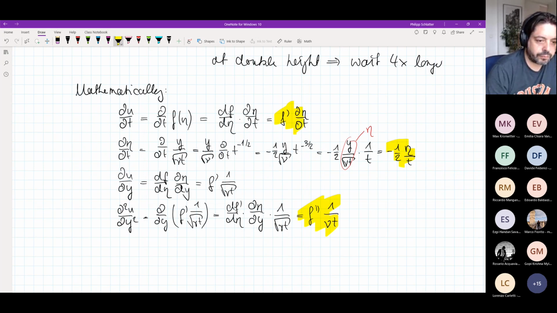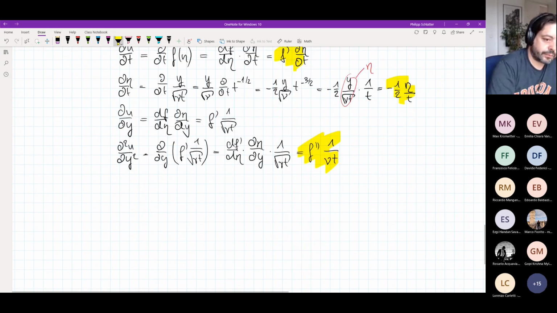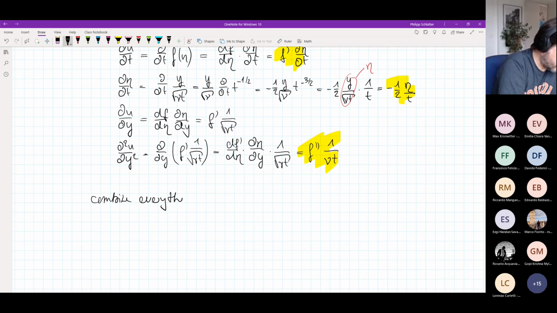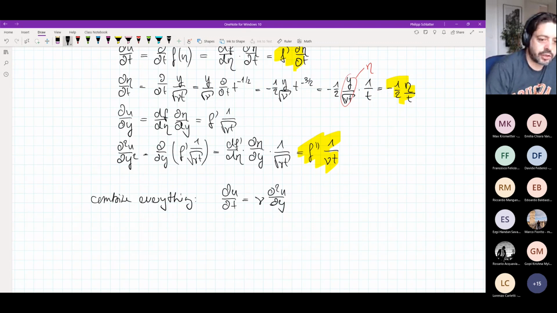Okay. Now I put everything into my governing equations. We combine everything. We started with the equation that we had from the beginning, that was du dt is nu times d squared u dy squared. So this was the equation.